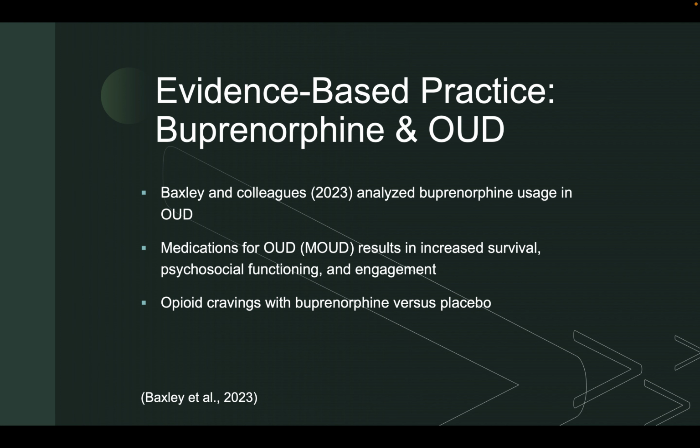They determined that medications for OUD, or MOUD, resulted in increased survival rates, improved psychosocial functioning, and fostered better patient engagement with their treatment plan. Opioid cravings with buprenorphine significantly decreased upon initiation and over time versus the placebo, concluding that buprenorphine for OUD treatment positively treats and reduces cravings for OUD patients.